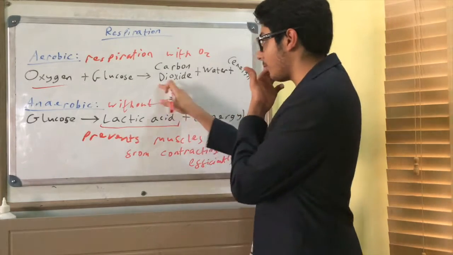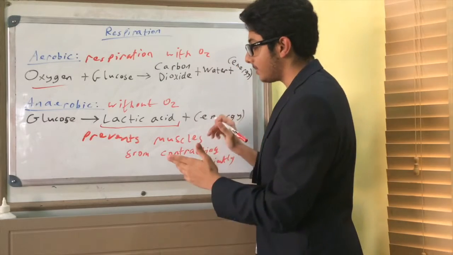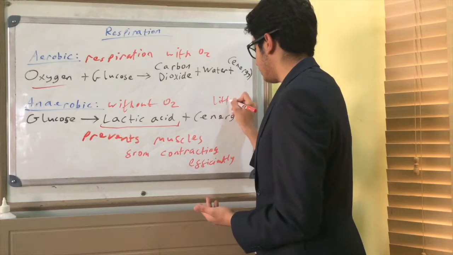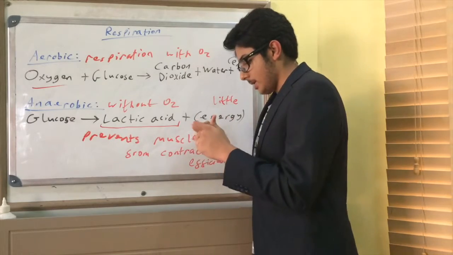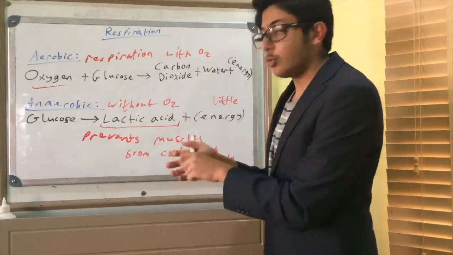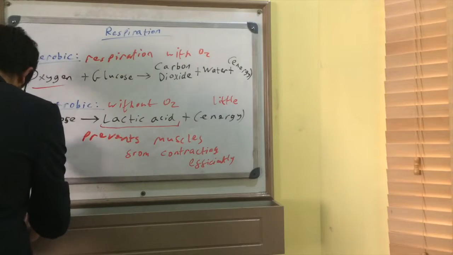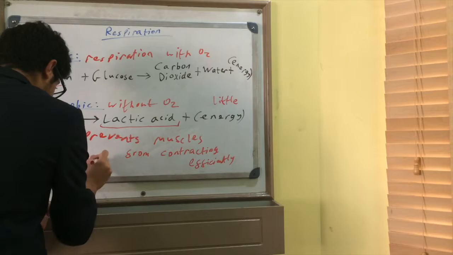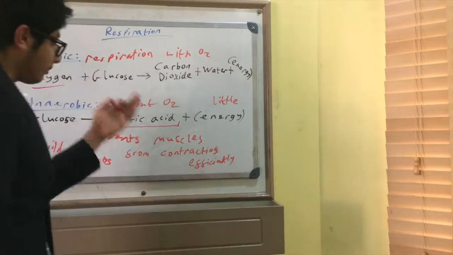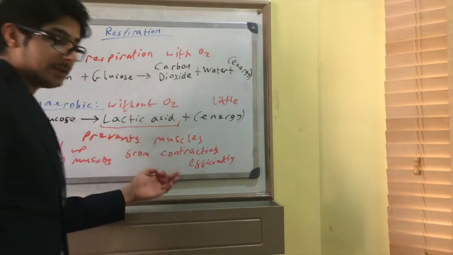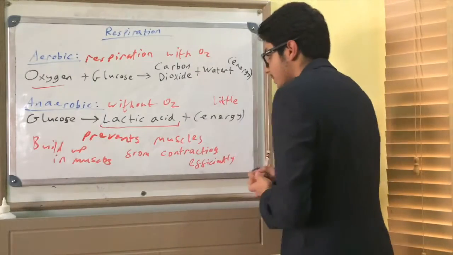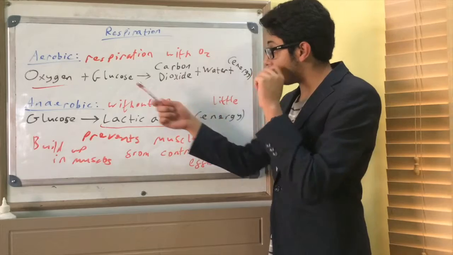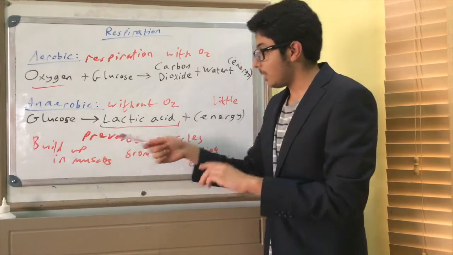Aerobic respiration produces a lot of energy, but anaerobic respiration produces little energy. And this lactic acid will build up in your muscles, preventing them from contracting efficiently, so you need to get rid of it, which I will go on to later. And these are the main points on aerobic and anaerobic respiration.